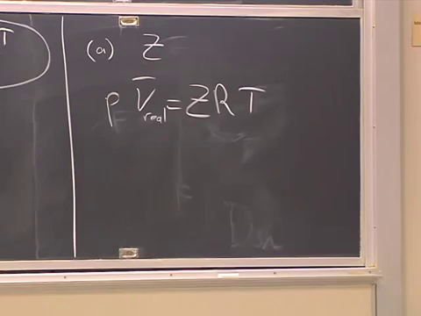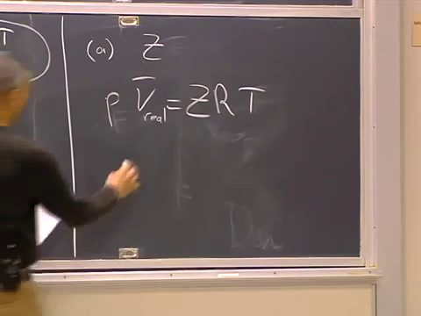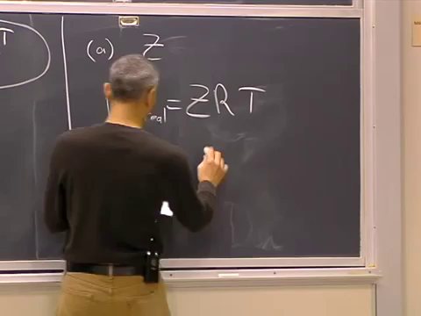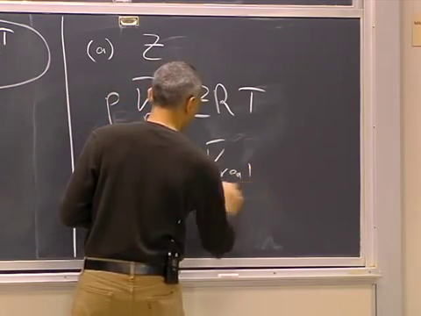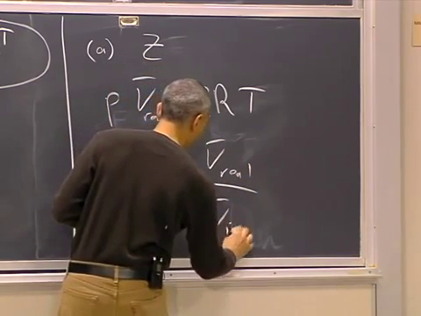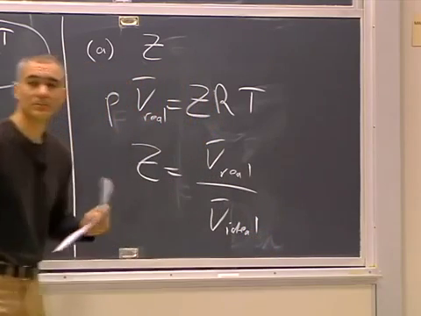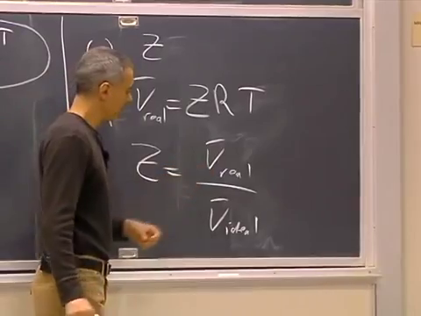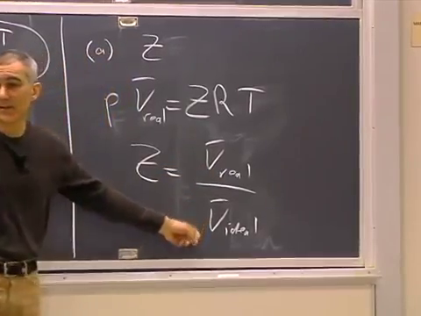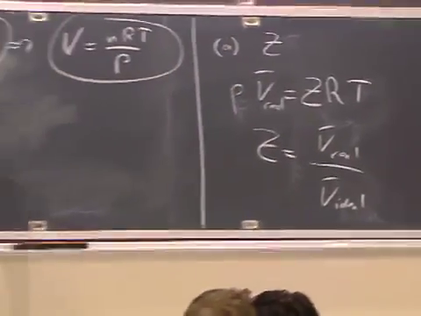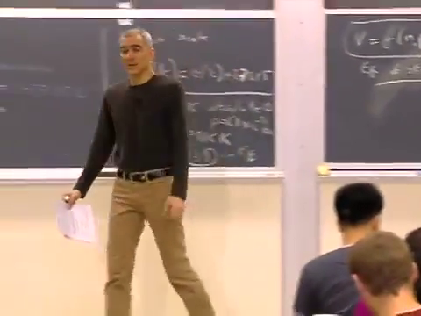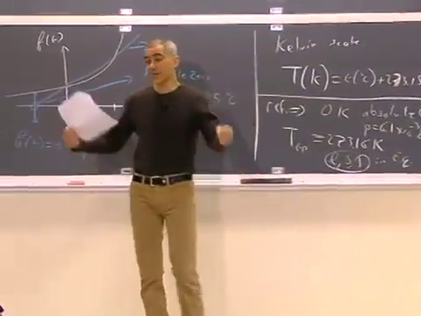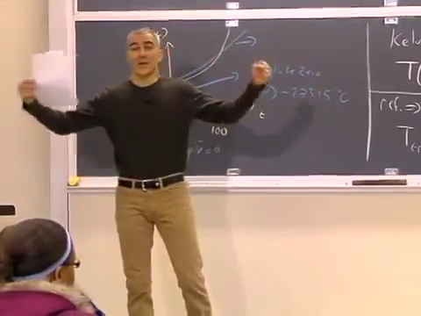Z is the compressibility factor, and Z is the ratio of the volume of the real gas divided by what it would be were it an ideal gas. So if Z is less than 1, then the real gas is more compact than the ideal gas. It's a smaller volume. If Z is greater than 1, then the atoms and molecules in the real gas are repelling each other and want to have a bigger volume.